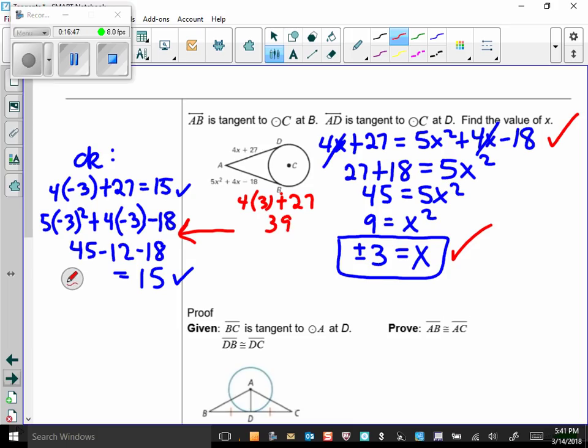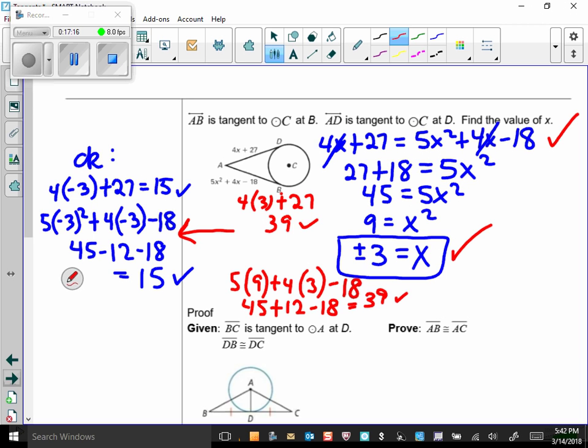What about if I plug in positive 3 in the bottom one? I get 5 times 9 plus 4 times 3 minus 18. So that's 45 plus 12 minus 18. So that's going to be negative 6. 45 minus 6 is 39. So yeah, it's good. Both answers do work.